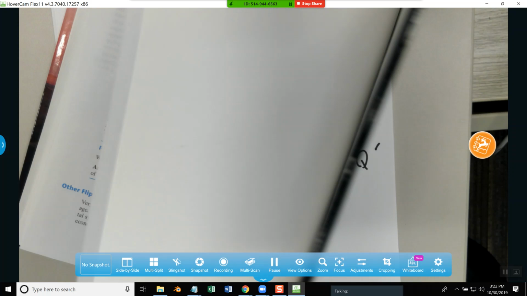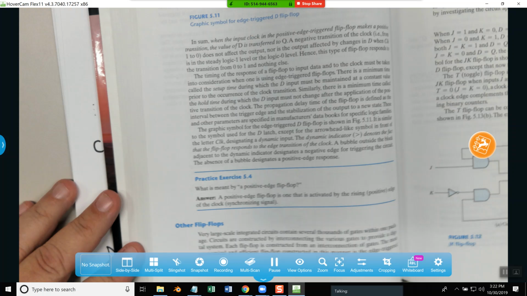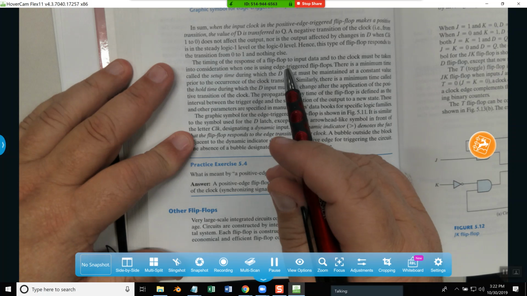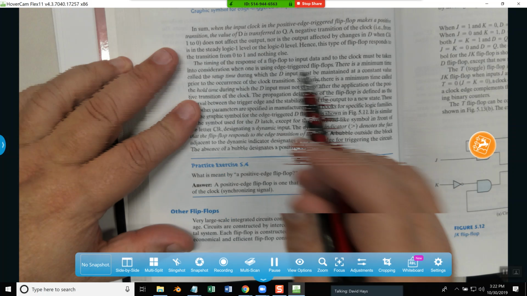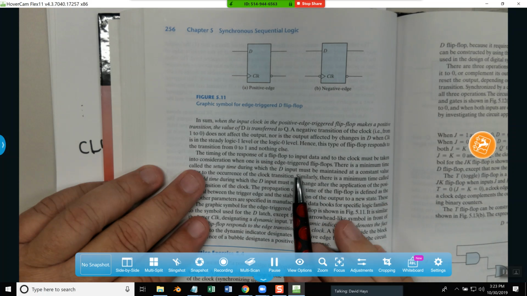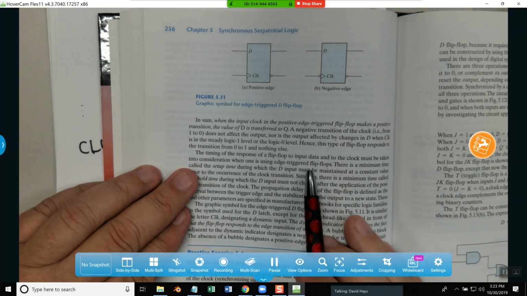Graphic symbols for the edge triggered D flop are shown in figure 5.11 up here. So they won't draw this each time they refer to the D edge, positive edge. They'll refer to these up here. The difference between those is the negative edge has a bubble in front.